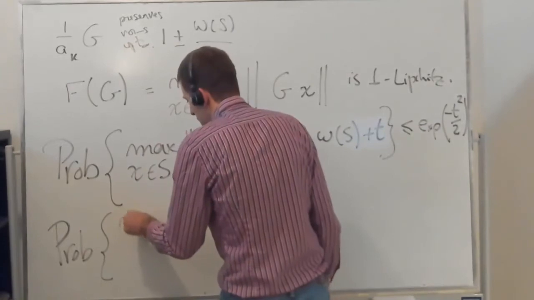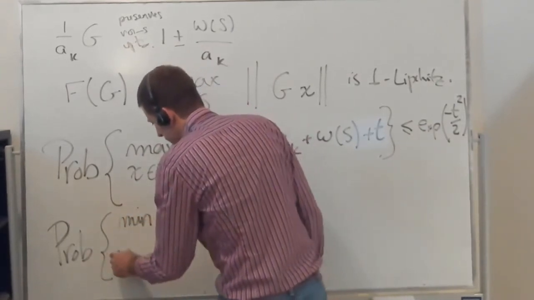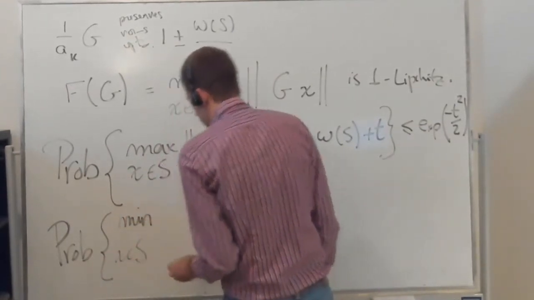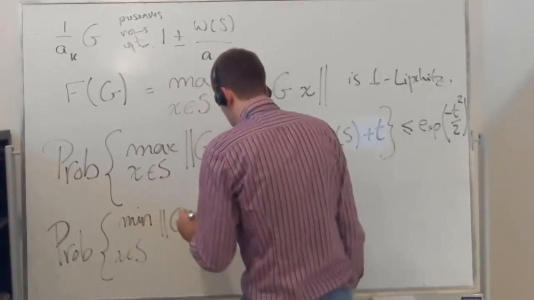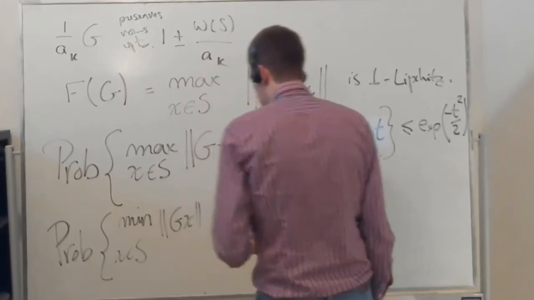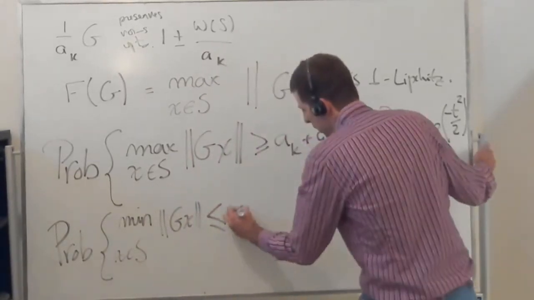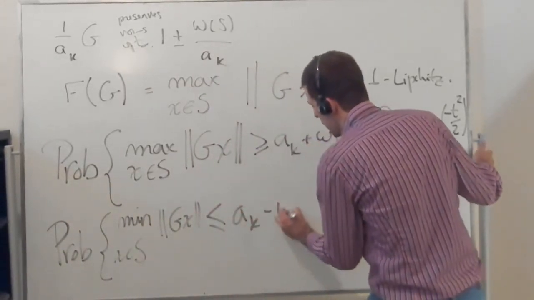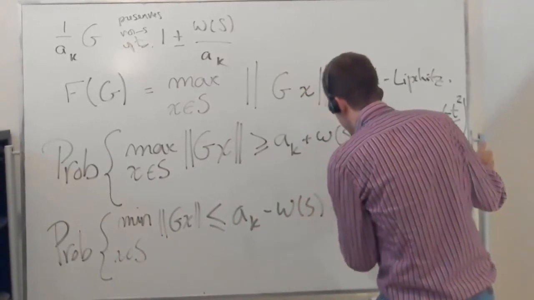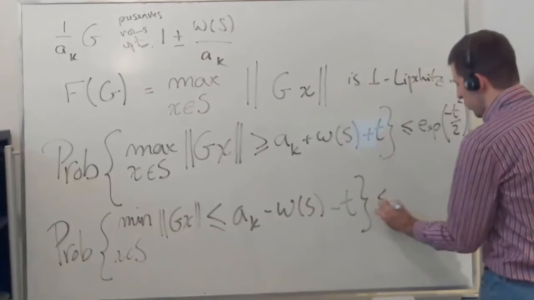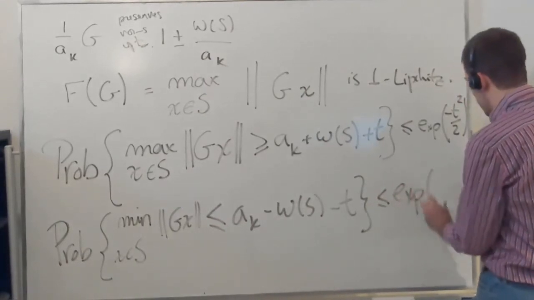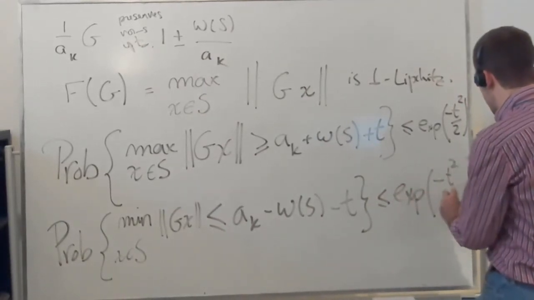So the min over x in S of G x being smaller or equal than AK minus WS minus T. The probability of this happening is also smaller or equal than exponential of minus T squared over 2.